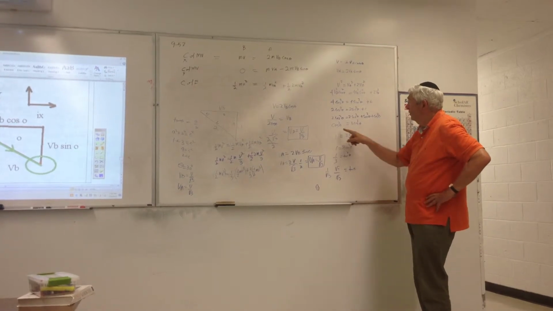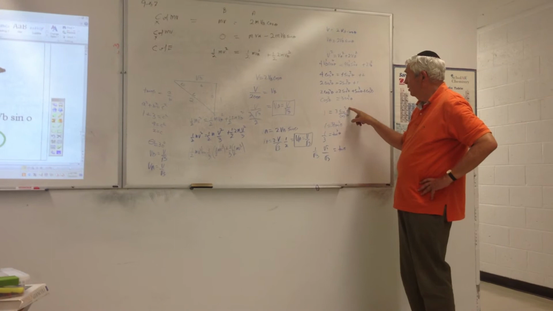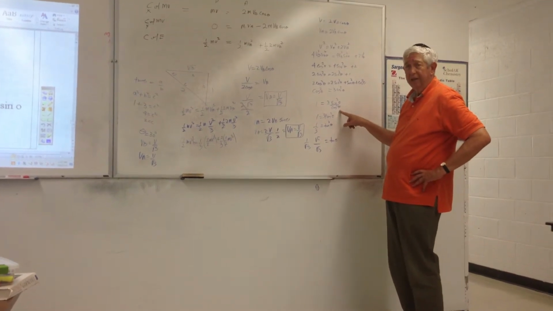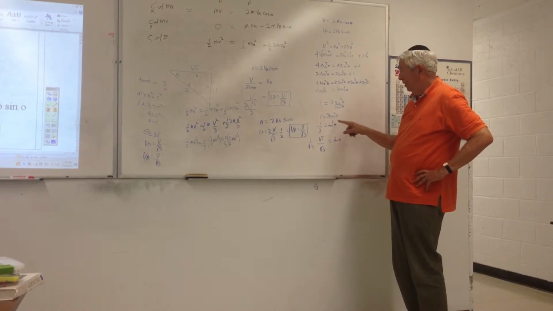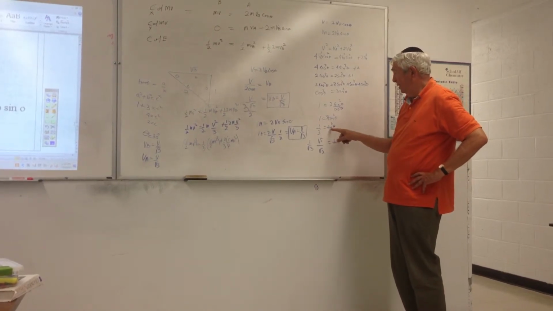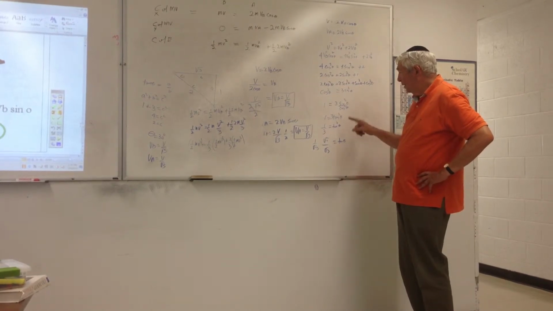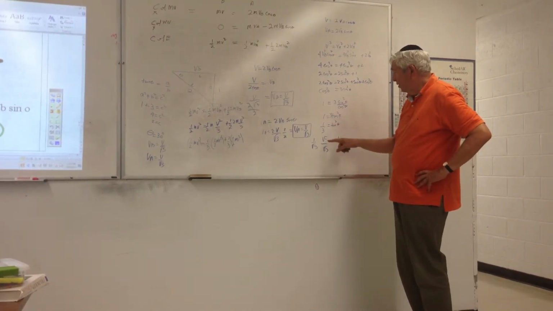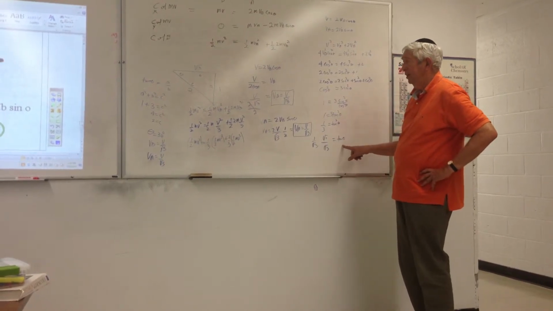Now if we divide by cosine squared theta, we have 1 equals 3 sine squared theta over cosine squared theta. So 1 equals 3 tangent squared theta. Divide by 3, 1/3 equals tangent squared theta. If we take the square root, 1 over the square root of 3 is tangent theta.